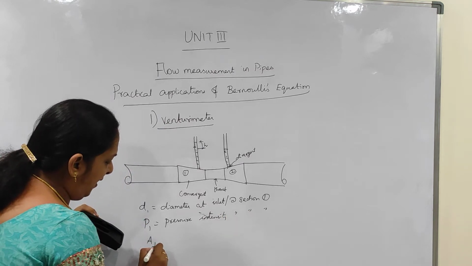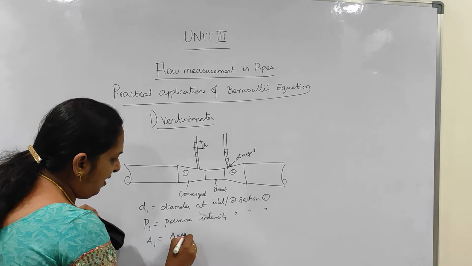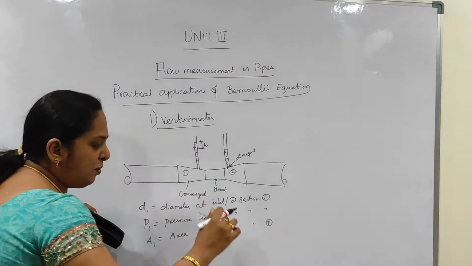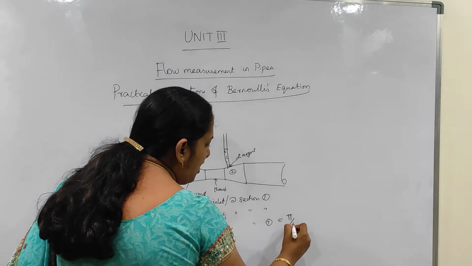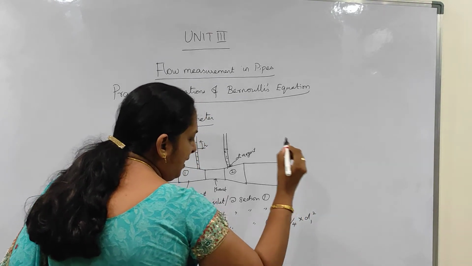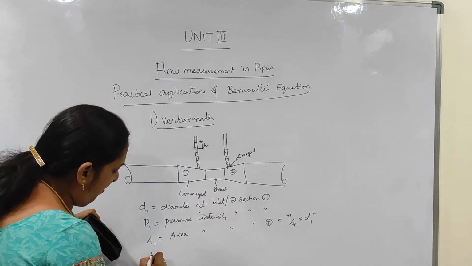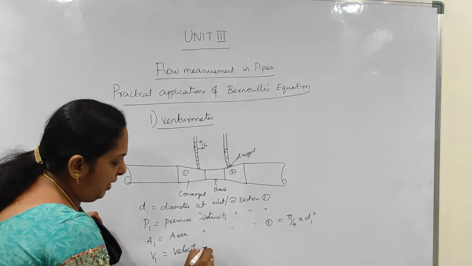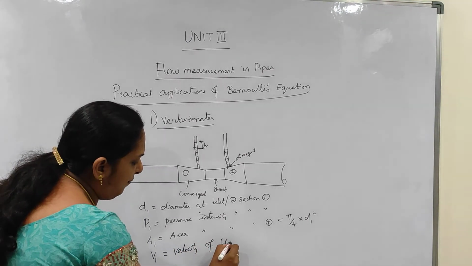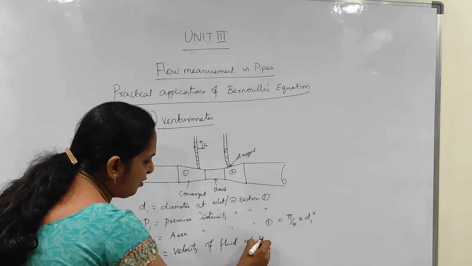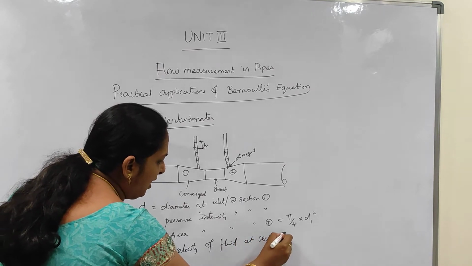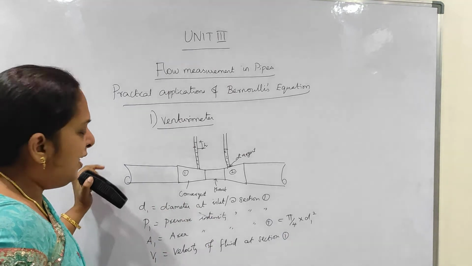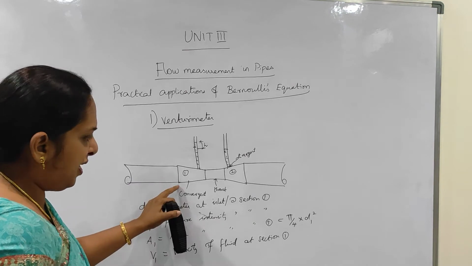Then A1 is the area of the pipe at section 1. Normally this is a cylindrical pipe, so the area will always be pi by 4 d square, so we have it as pi by 4 into d1 square. And v1 is the velocity of the fluid. It may not only be water, it can be oil or any liquid. So v1 is the velocity of fluid at section 1.